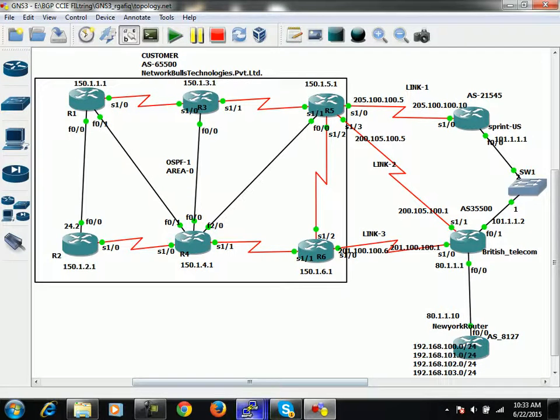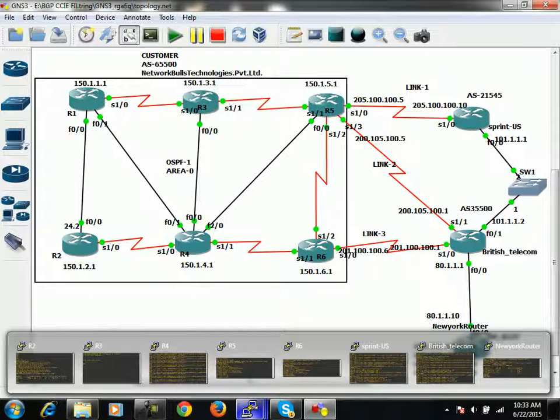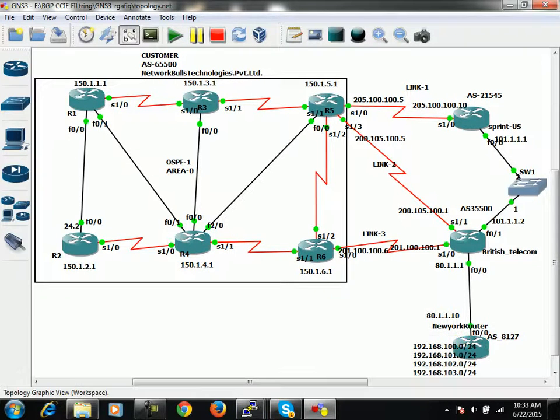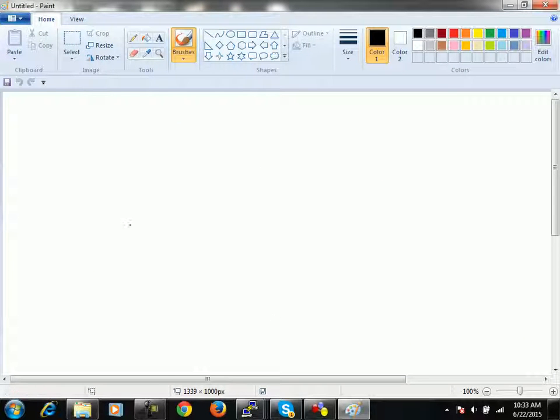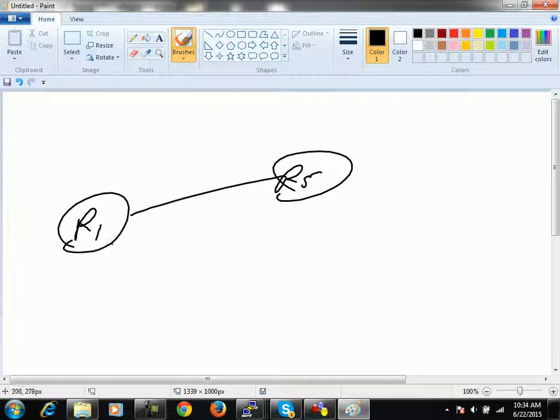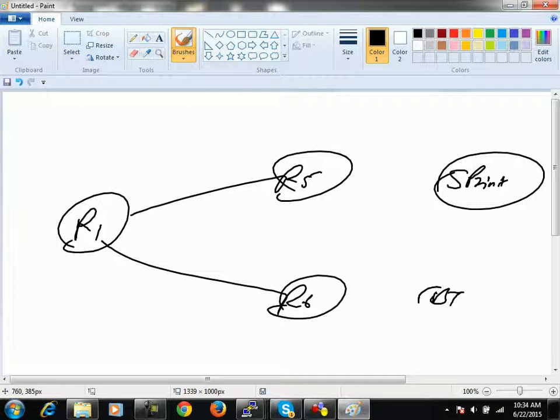Now see, R5 is having neighborship. See, your logical diagram is something like this actually. This is your logical diagram of BGP. This R1 is connected with R5 as well as R6, then it is connected with Sprint, and you also have BT.